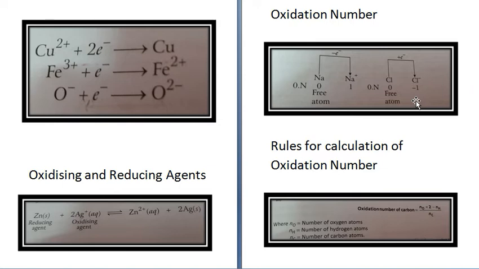So from this it is clear that metallic elements have positive oxidation number and non-metallic elements can have positive or negative oxidation number both. Highest positive oxidation number for a p block element is equal to the group number minus 10, and highest negative oxidation number for p block elements is equal to 8 minus the group number.